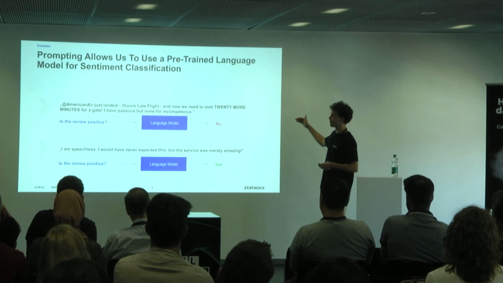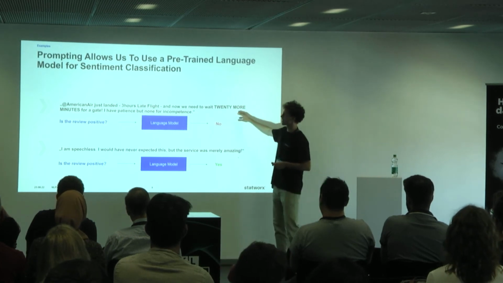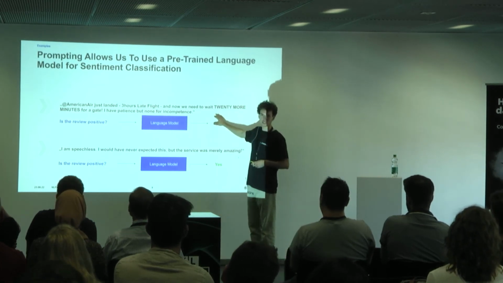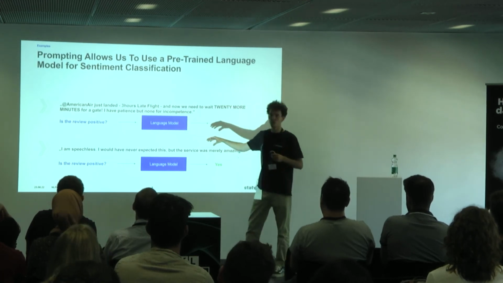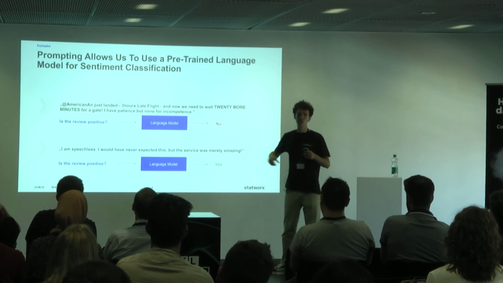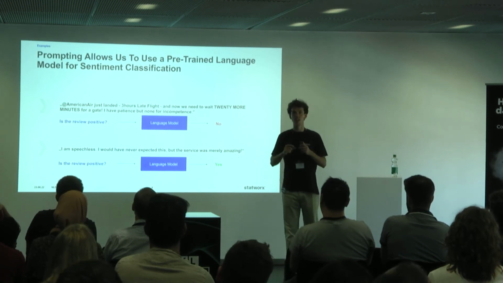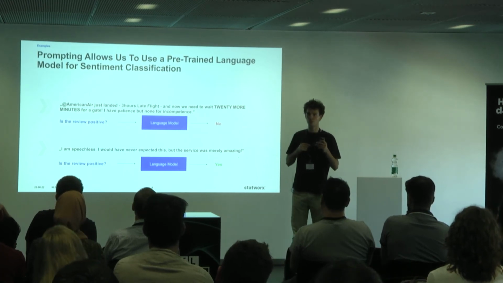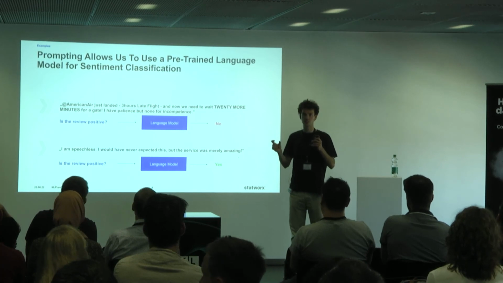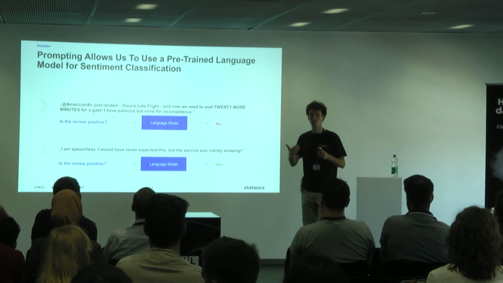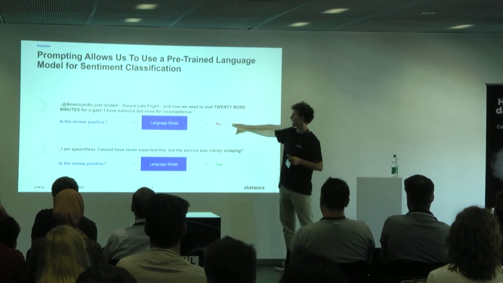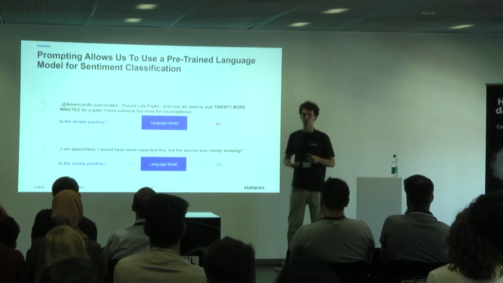Given the examples from before, we can say, all right, this is the text input, and additionally to this text input, we provide: is this a review? Is this review positive? We can also provide in the input a few examples of reviews and the sentiment regarding these reviews, such that we specify what we would like to have from the model as an output, and here we get no as a response.